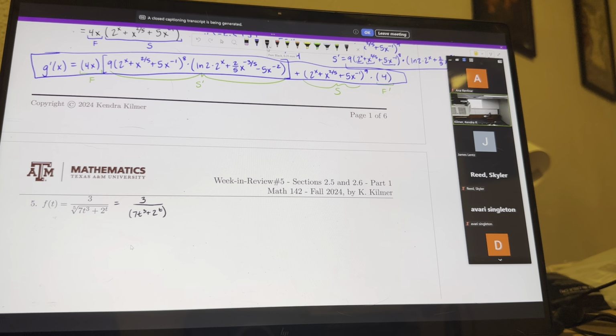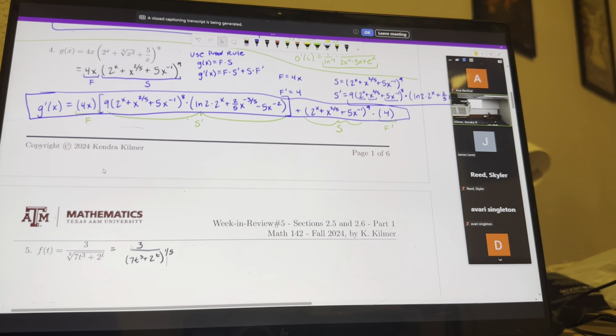All right, so we are rewriting this radical as a power function. The fifth root of this function is the same thing as raising it to the 1/5. And then just like over here, where we rewrote 5 divided by x to avoid using the quotient rule, that same idea holds anytime we have a constant divided by a function raised to a power.